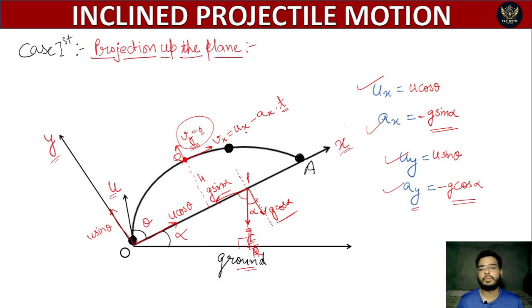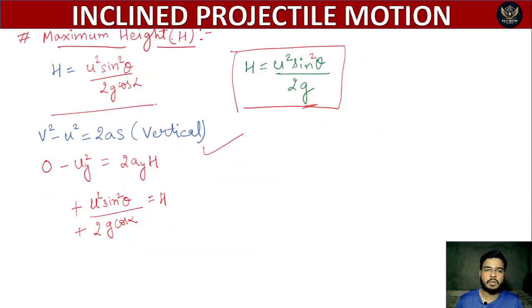Vx we can formulate from the u plus at formula. According to that, vy is 0, and we can use this in the derivation. So at the point q we will use the equation v square minus u square is equal to 2as. Why? Because here also g is constant, so we can use this equation of motion.